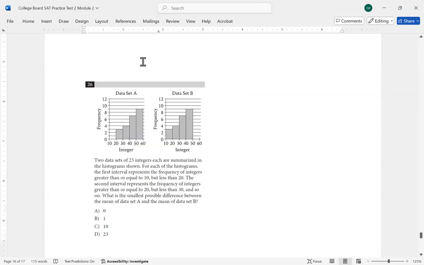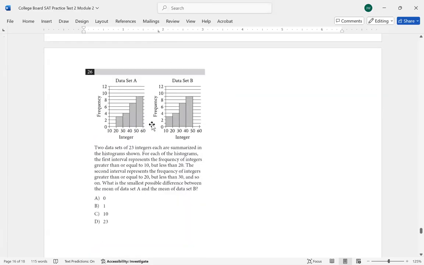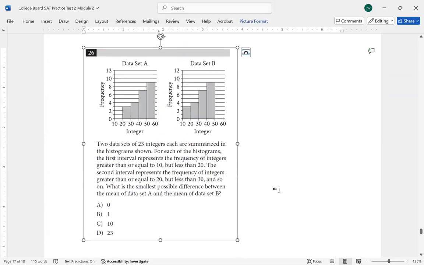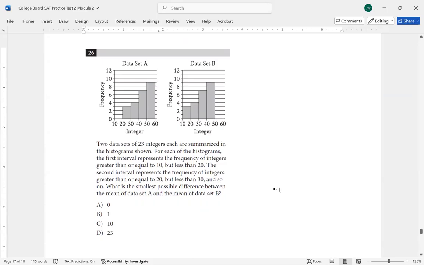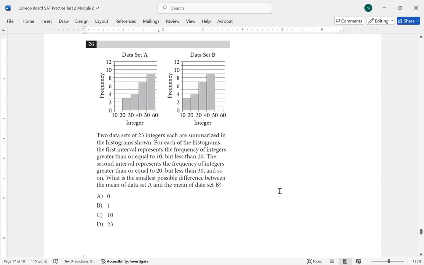Let's take a look at question 26. That says, here we have two data sets. I'll make this a little bit bigger. Of 23 integers each. And we see the histograms for these two data sets. The histogram for the first interval represents the frequency of integers greater than or equal to 10, but less than 20.